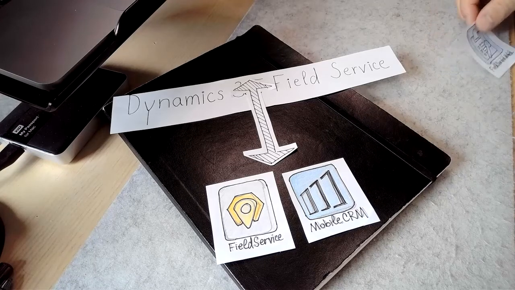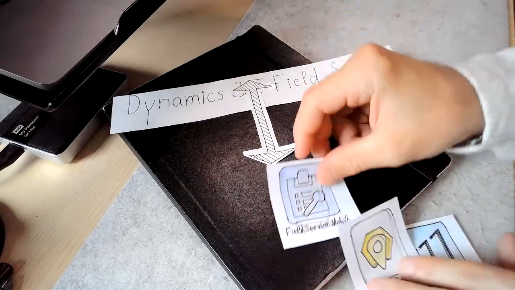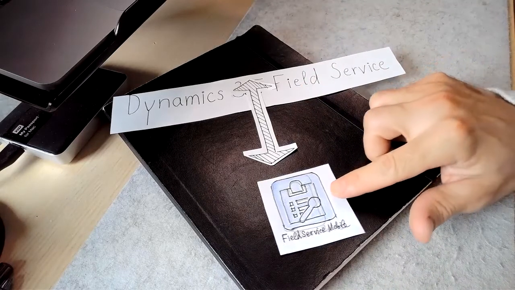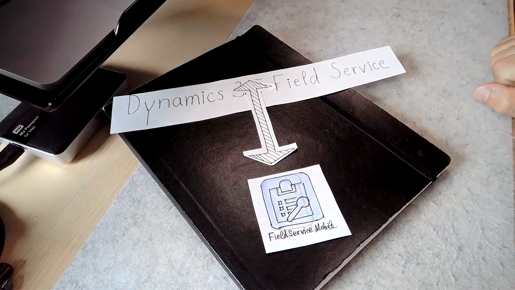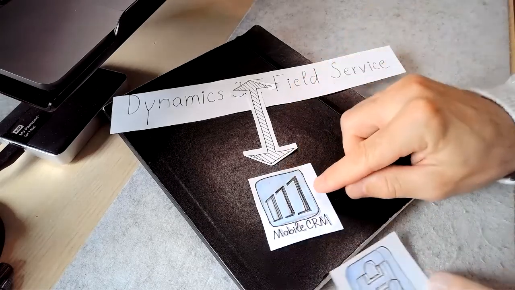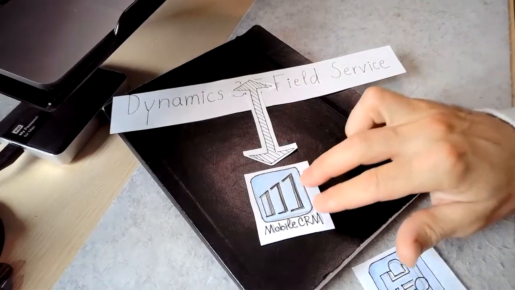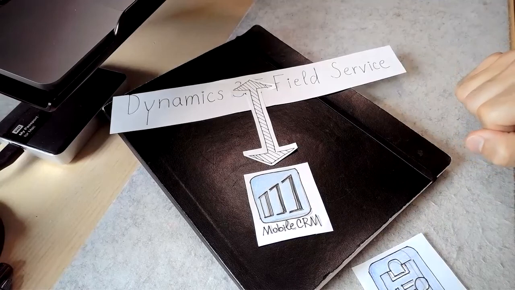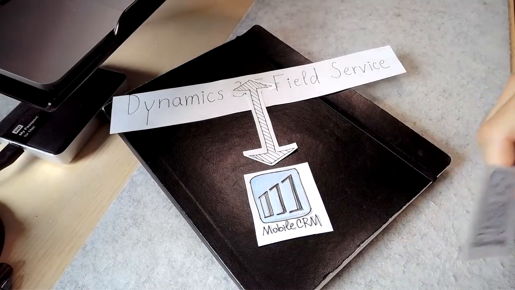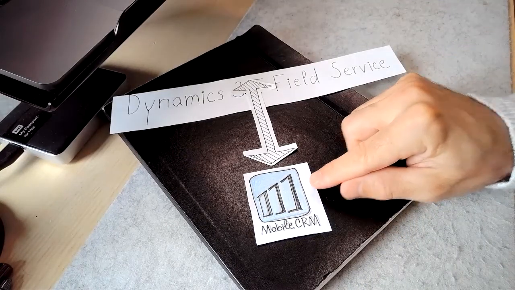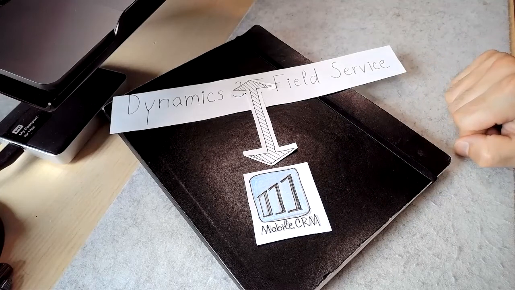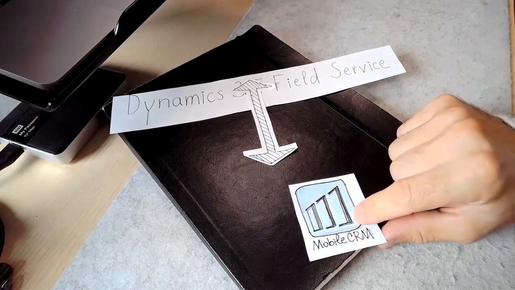So long story short, if you're a current customer using Dynamics field service, you should use the Xamarin application, the dark blue one. We found out that there are customers using the Resco Mobile CRM application without obtaining a direct license from us. So I actually encourage you to talk to Resco to make sure that you're properly licensed.